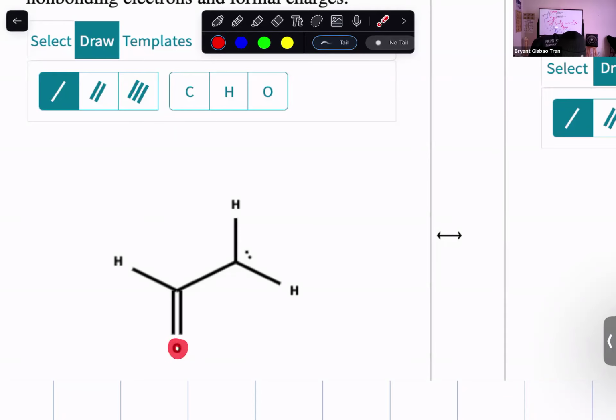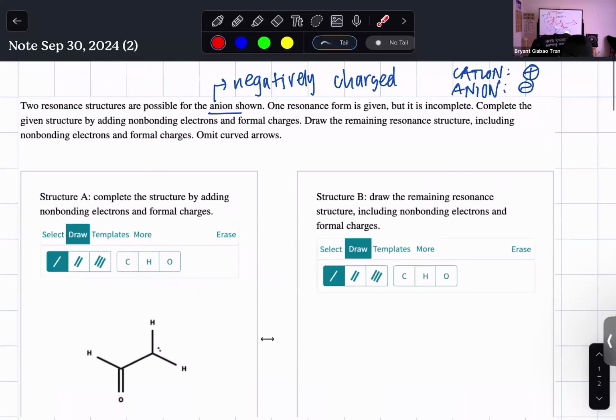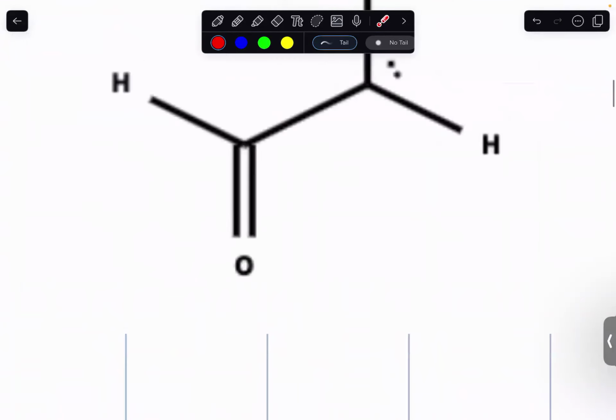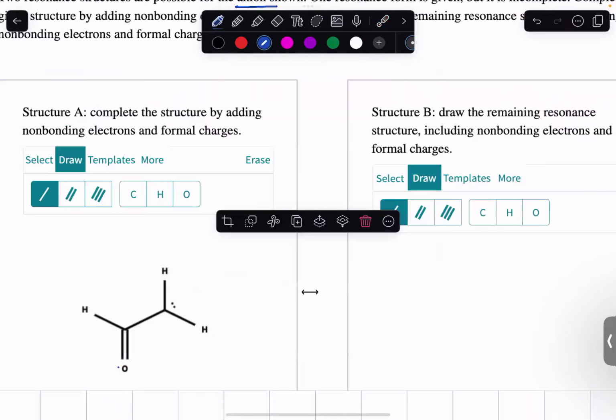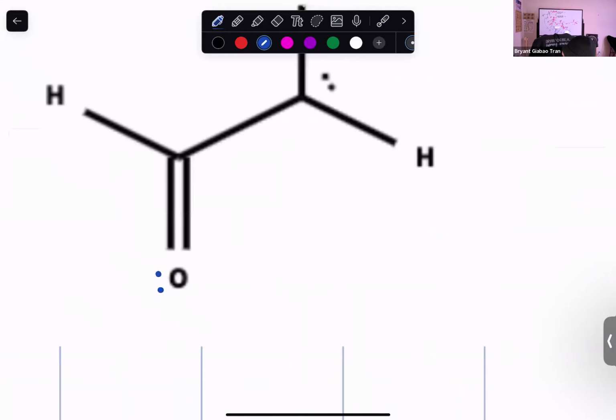Yep, this oxygen is missing something because the question is also asking for adding non-bonding electrons, the electrons that are not in bonds. How many lone pairs of electrons is the oxygen missing? Two lone pairs. So to complete it, you should give it two lone pairs of electrons like that.